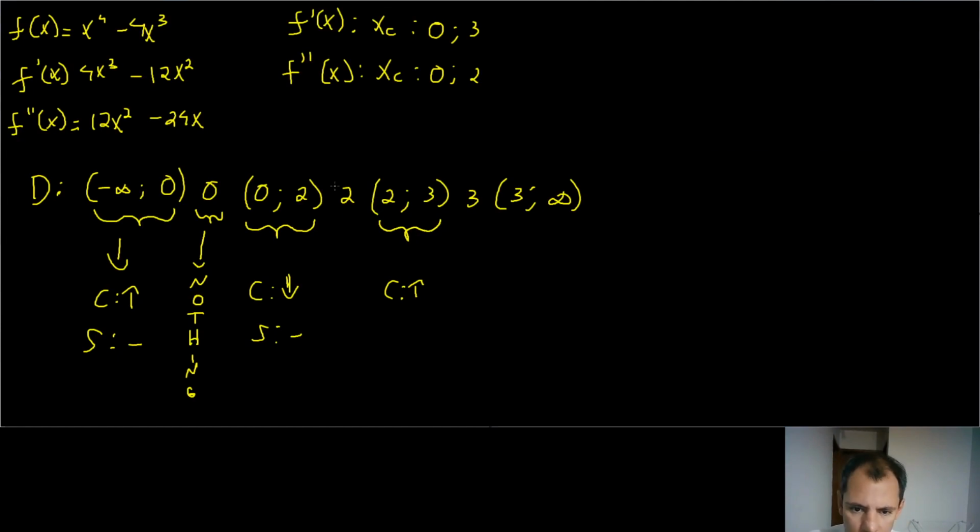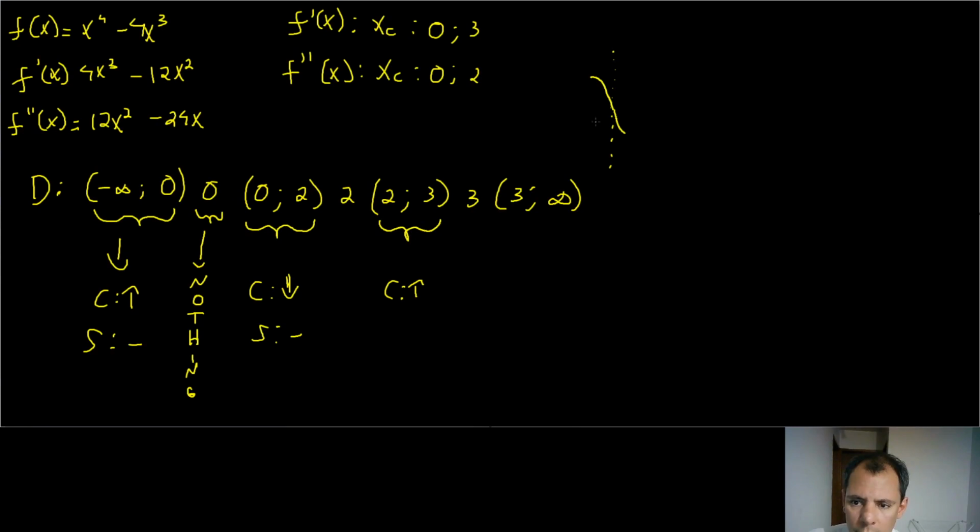Now let's see what's happening here at 2 by inspection. Okay, so you have a negative slope and a concavity down like that. And then at 2, I said that it was an inflection point. So at 2, which is kind of like here, you got to start having a concavity up like that, okay?